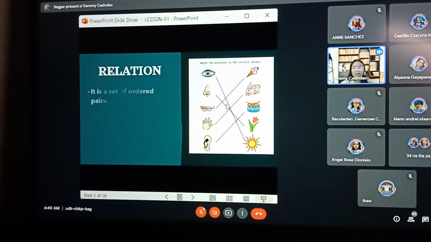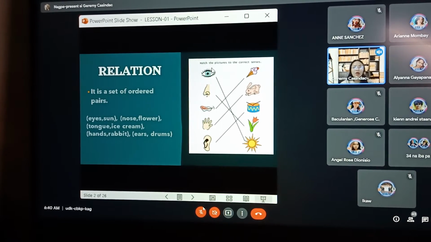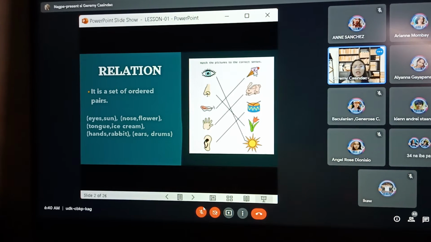relation. When we say relation, please read. Relation. It is a set of ordered pairs. Like what we did in our matching type, we paired all the different parts of the body or our senses to the provided objects in the second column.